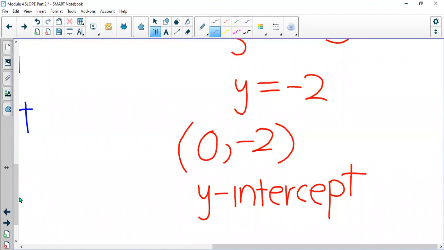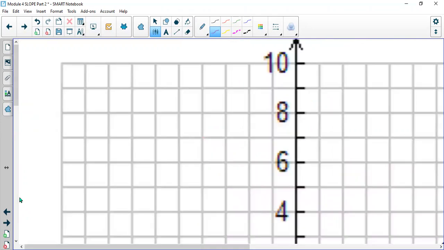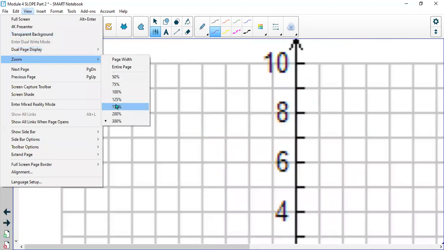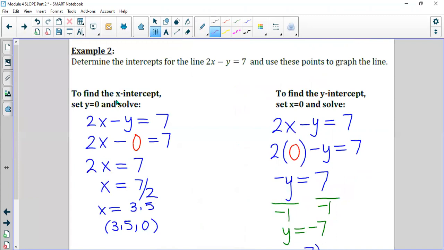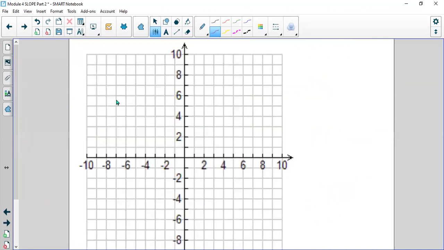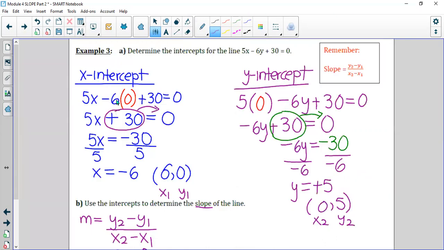So I know there's a few people in here that are way beyond this concept, so I'm going to move into some harder questions in a little bit. The actual notes that I am going to post, so if I zoom out, they're going to have lots of examples with different equations so that you can practice solving for the x-intercept and the y-intercept.